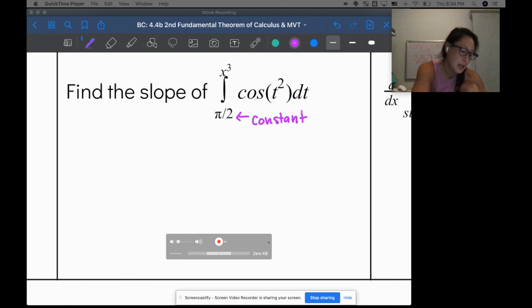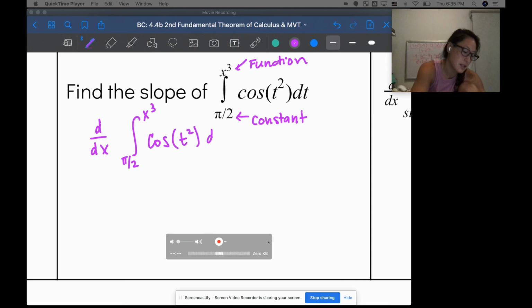And this is a function. Okay. If I'm taking the slope of this function, I'm going to find the derivative d dx of the integral of pi over 2 to x cubed of cosine of t squared dt.